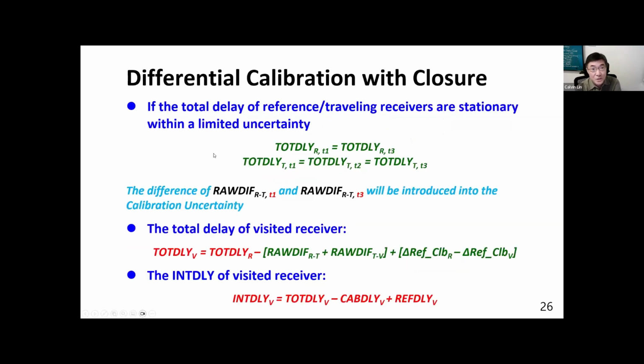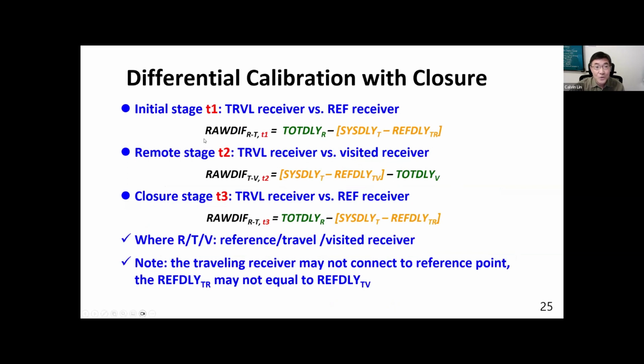If the total delays of the reference and traveling receivers are stationary within a limited uncertainty from T1 to T3, then the total delay of the reference receiver at T1 equals that at T3, and for the traveling receiver, T1 equals T2 equals T3. So we can combine equation 1, equation 2, and equation 3.